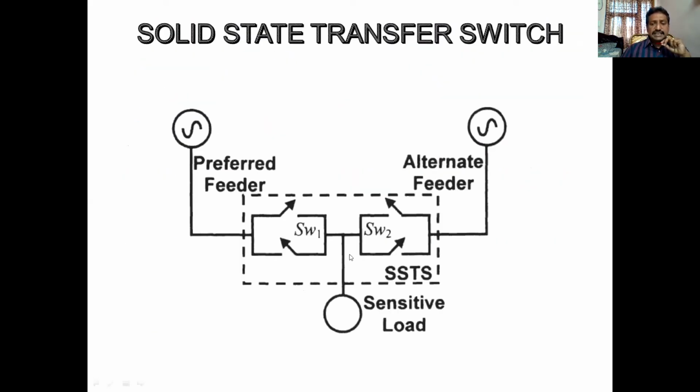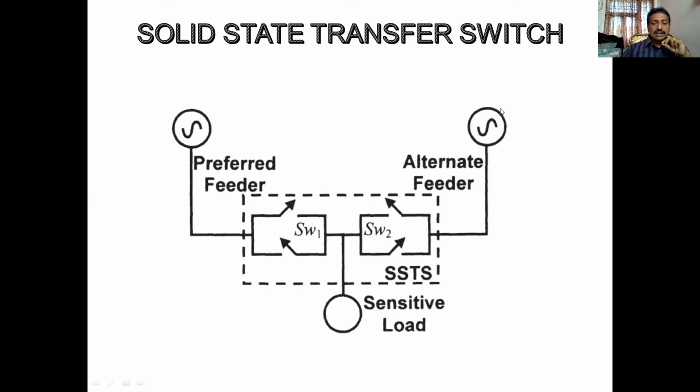Majorly, see how it is operated. This is SW1, this is SW2. When the preferred feeder is supplying, SW1 is in conduction mode and SW2 is switched off, in the open position, so it does not allow power supply to the alternate feeder. If any problem develops, such as voltage sag, voltage rise, transients, overvoltage or undervoltage, SW1 is immediately opened and SW2 is closed.